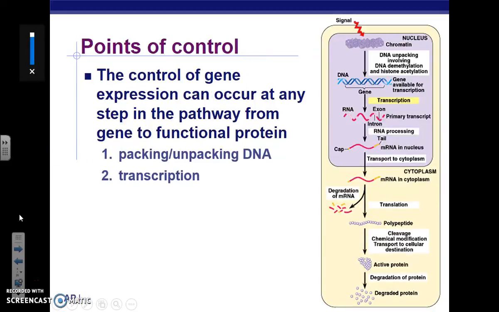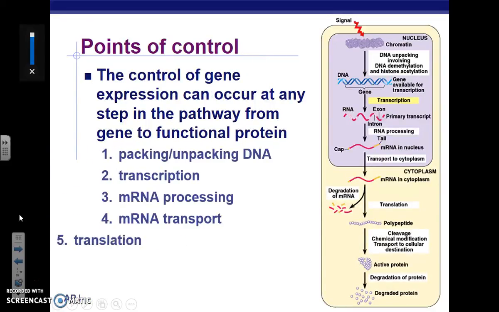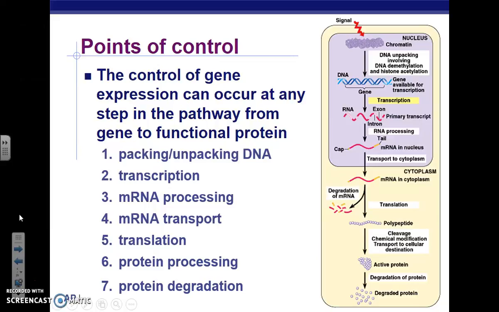If you look, there are 7 ways that you can control gene expression in eukaryotes. I'm not going to read them to you. The first 2 are pre-transcriptional; they occur before transcription occurs. 3, 4, 5, 6, and 7 are post-transcriptional, and they occur after transcription.